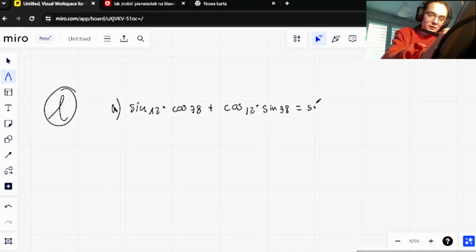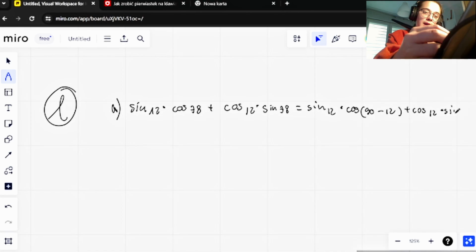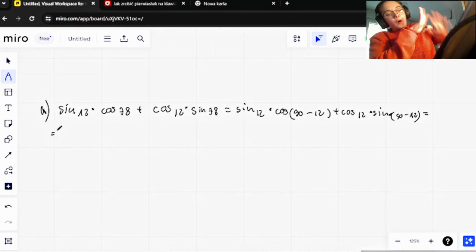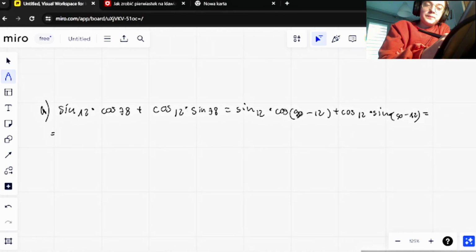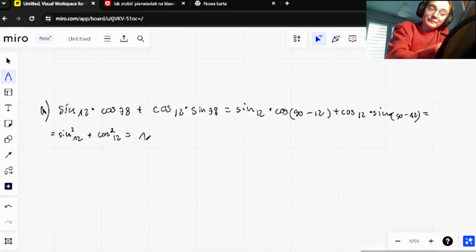So when we have times 90 minus 12, and sinus also. As we can see, the number of times 90 is odd. We change the function, but we don't add minus because it's in the first quarter, and it equals 1. Surprise, surprise.